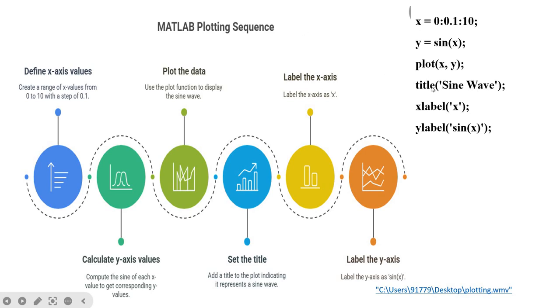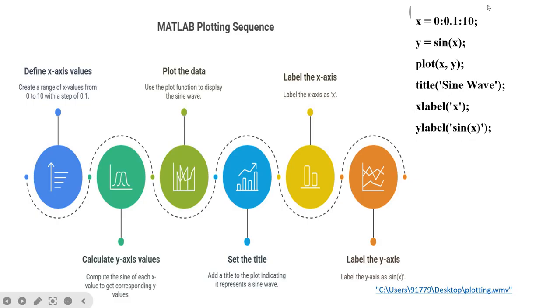Then next we want to label the x-axis and the y-axis. For labeling the x-axis, the function we use is xlabel. In the round bracket, whatever name you want to give, you can give in between the apostrophes. Then ylabel, I want to give it as sin x.